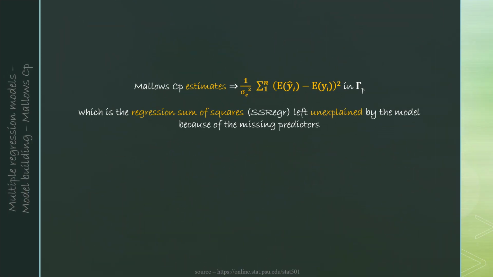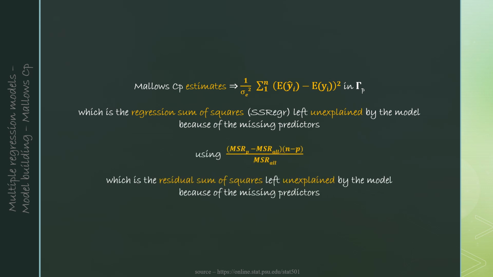Mallows Cp estimates 1 divided by sigma e square multiplied by sigma 1 to n (estimated yi hat minus estimated yi) the whole square in gamma p, which is the regression sum of squares SS reg left unexplained by the model because of the missing predictors, using MSRp minus MSR all multiplied by n minus p divided by MSR all, which is the residual sum of squares left unexplained by the model because of the missing predictors.